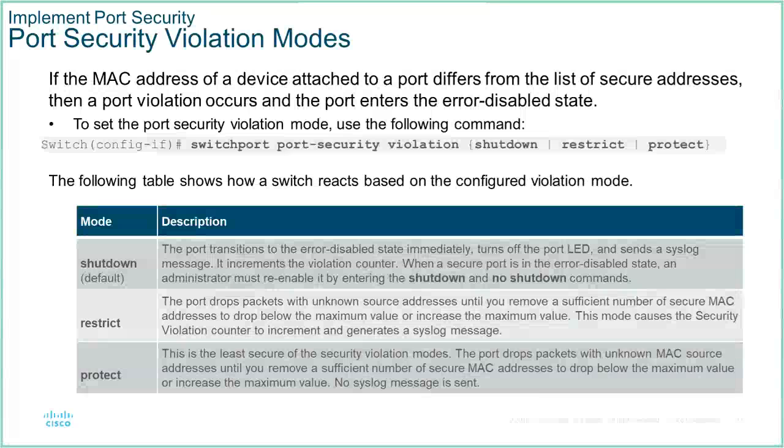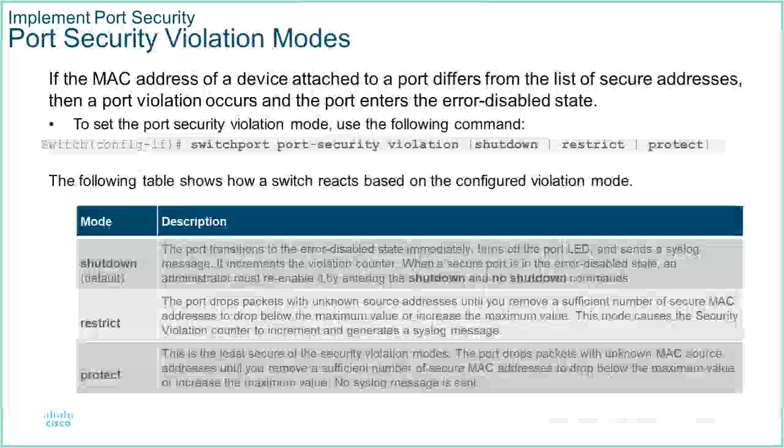So if you've got a timeout, it'll stay in that protect mode until a drop in the aging occurs. But this one doesn't send any alarm messages up to the monitoring. So no syslog messages. So you are not aware that this is in violation mode. You only know if you actually go in there and look at the actual port itself.